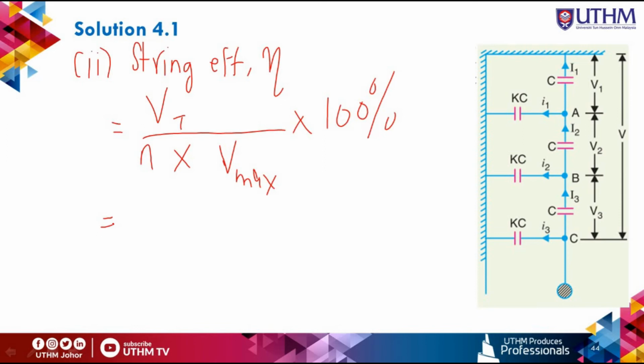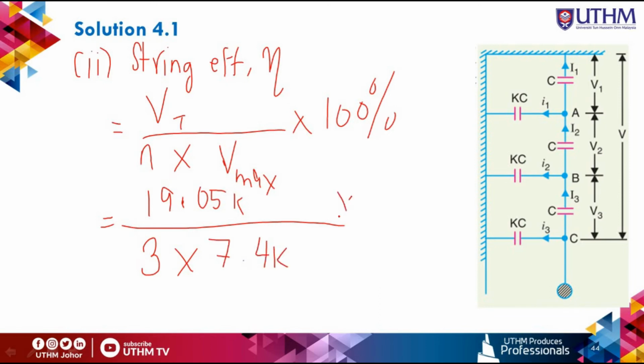So in this case, VT is 19.05, and then you divide it by 3 times with Vmax. Vmax is 7.4 kV. You times with 100%.